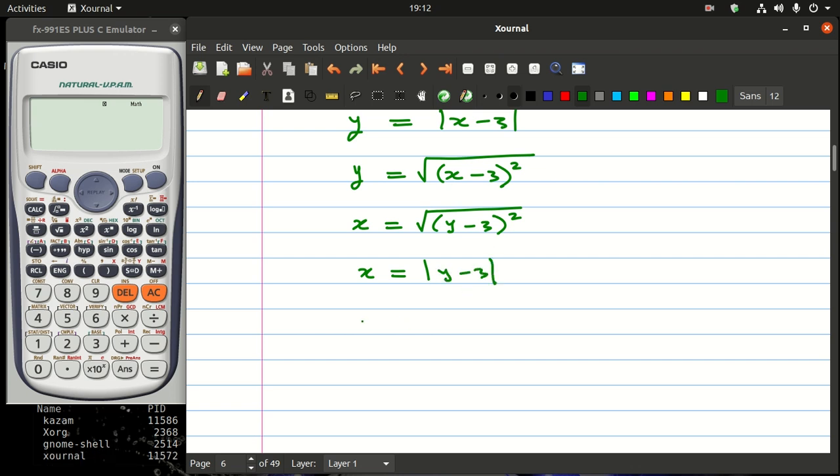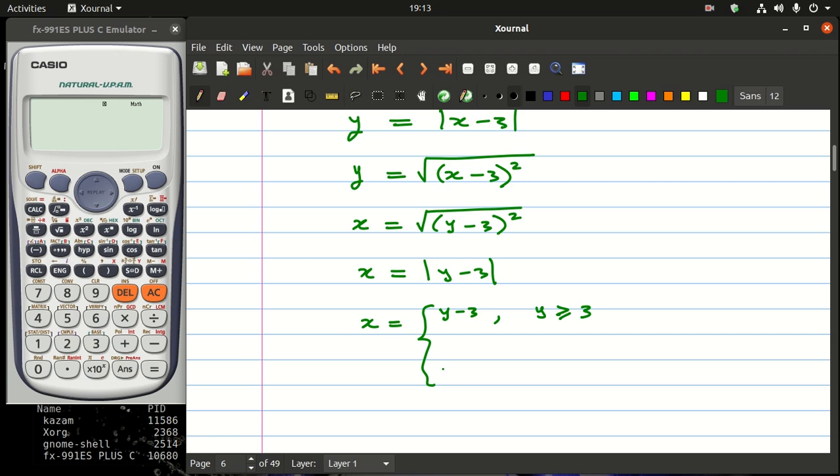Now, if I look at this x here, x is positive, fine. For this part to be positive, the absolute value of y minus 3 is equal to y minus 3 only if y minus 3 is greater than or equal to 0, or y is greater than or equal to 3.